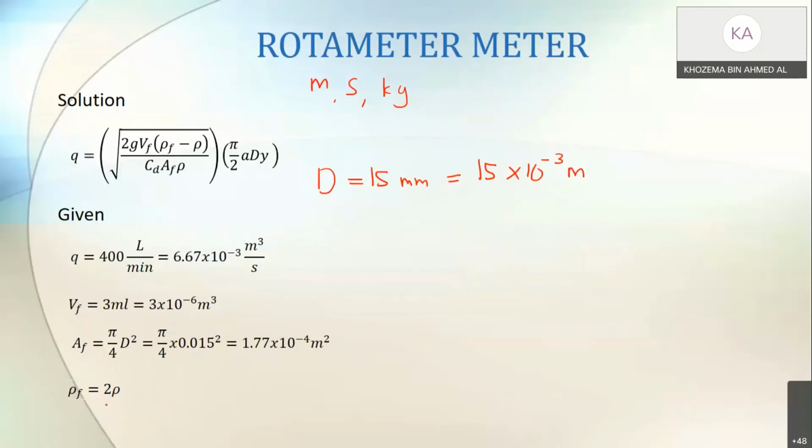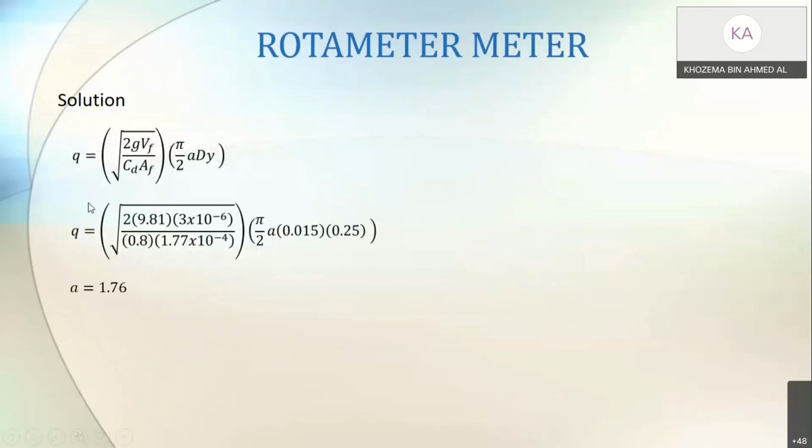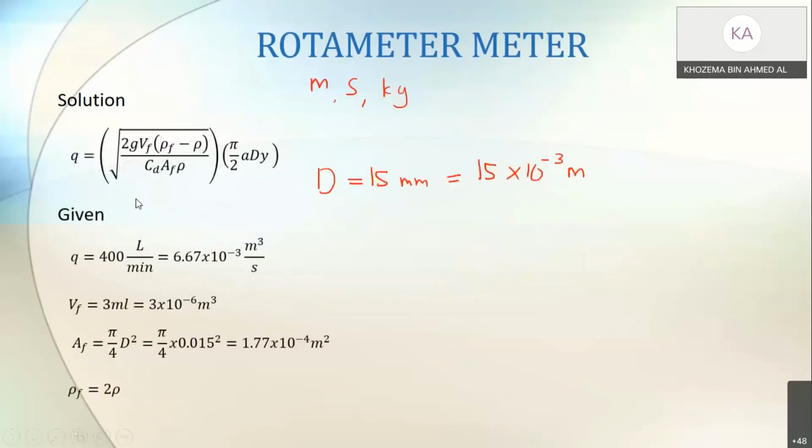So if we substitute all these values into this equation, if you see here, there is no longer the term for density. So what happens here? If you look here, I just take this part of this equation and put it here. So rho F minus rho.